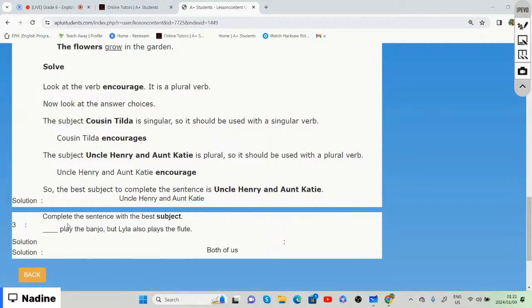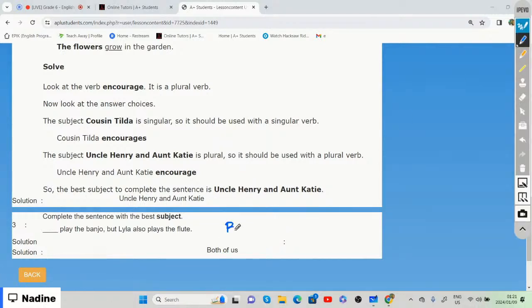So it says here, we need to complete the sentence with the base subject, right? And the subject that is given to us is both of us. So if we say both of us, is that a singular subject or a plural subject?